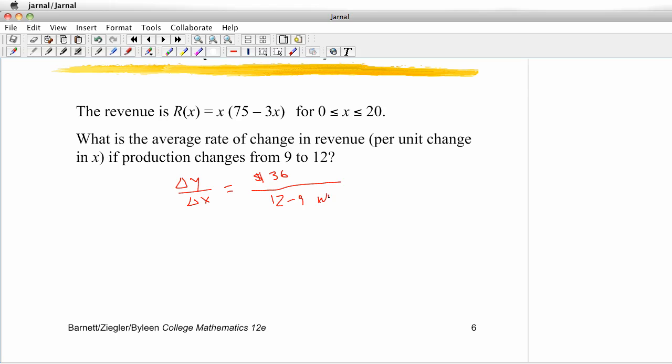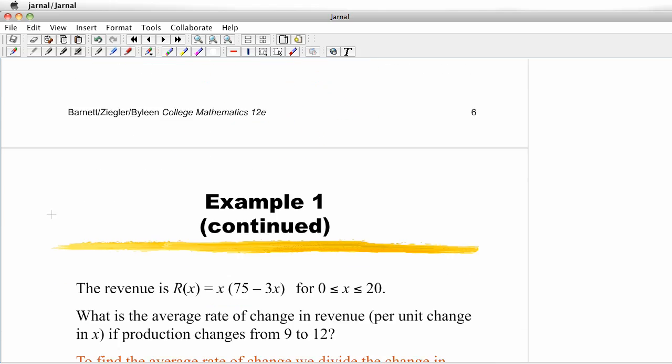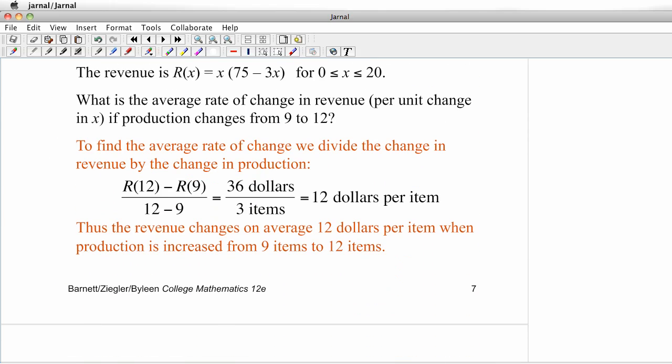And those are widgets, whatever we're selling. So we get 36 over 3, which is 12. And again, the units are dollars per widget or per item.